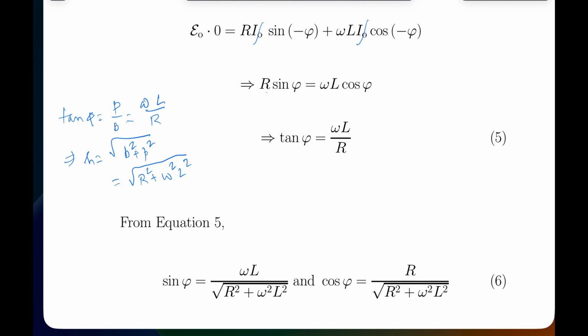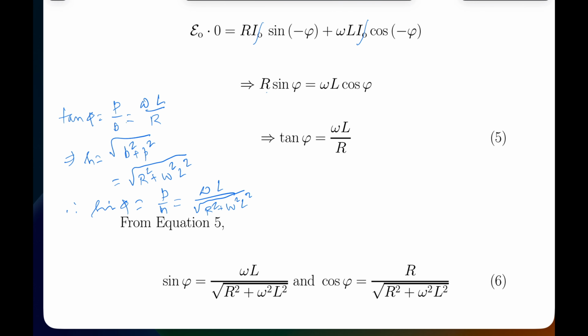Okay, and therefore sine phi is P by H. So P is omega L upon H, which is root over R square plus omega square L square. Okay, this is what we have written here.